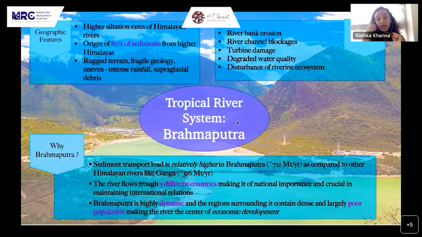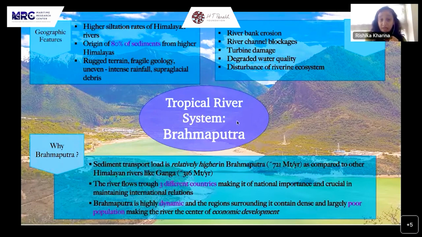So first in the case studies is the tropical river system of Brahmaputra. It has higher siltation rates than other Himalayan rivers, and the origin of 80% of sediments in our tropical waters is from the higher Himalayas.